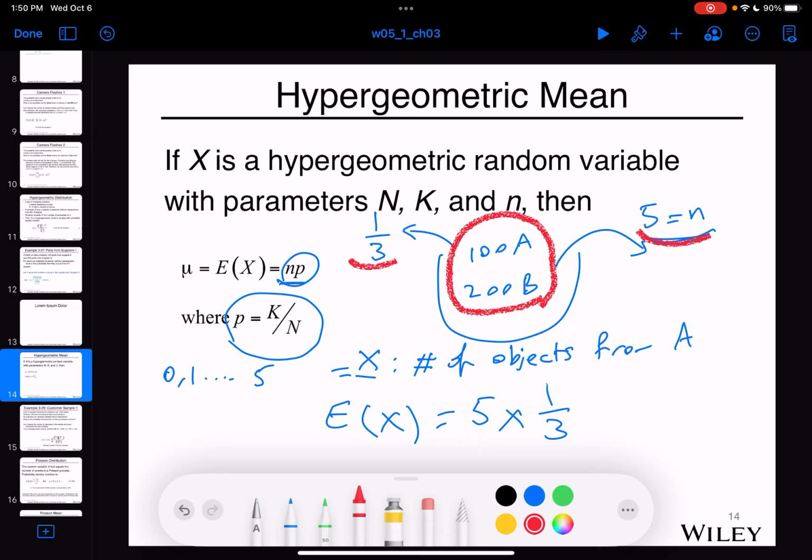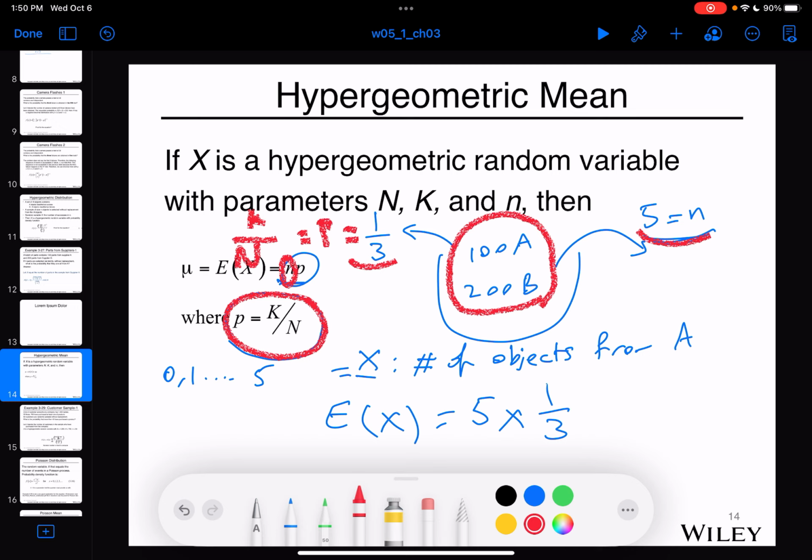Because there's 1/3 A and 2/3 B. And this 1/3 here is this guy, P, which is K divided by N. So this P is the chance of success if we choose 1 piece, and since you're choosing N pieces, you say NP.